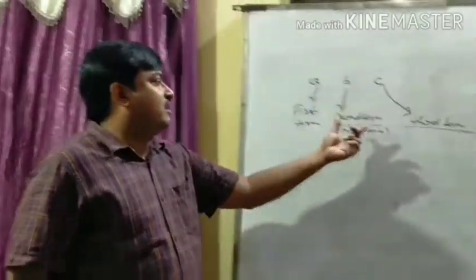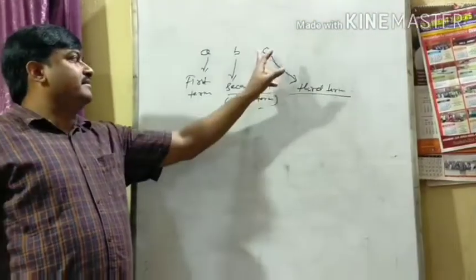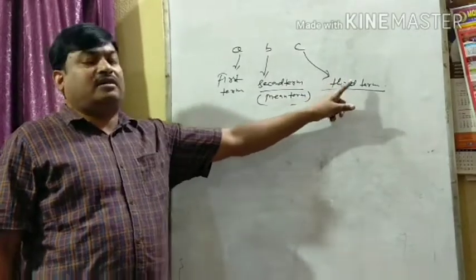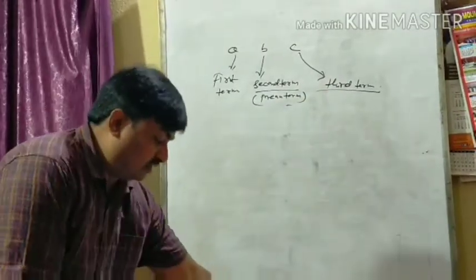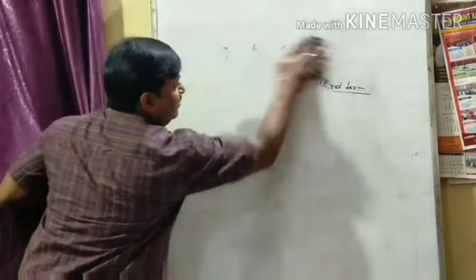Second term is called mean proportional or mean term, third term is called the third proportional. So our third question is find the third proportional.